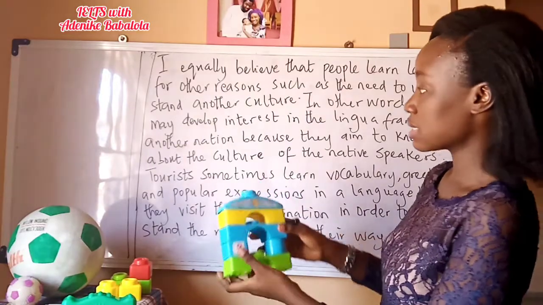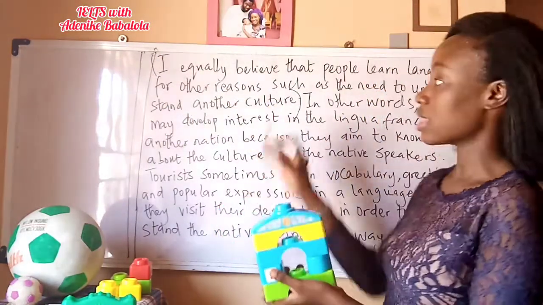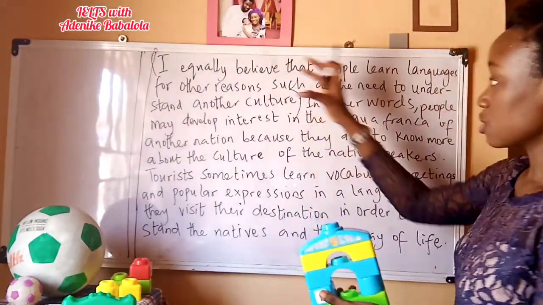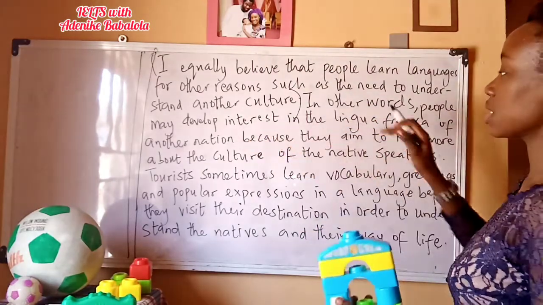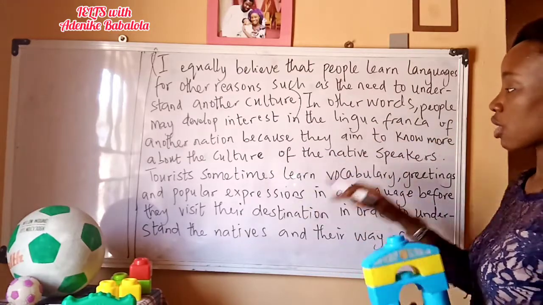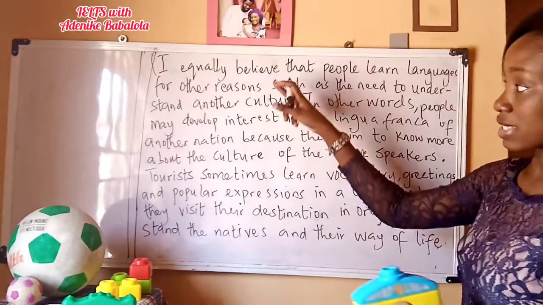So that is the topic sentence for my view, okay? That's the first sentence. Now, the point that is developing that topic sentence is, in other words, people may develop interest in the lingua franca of another nation because they aim to know more about the culture of the native speakers, okay? That is me telling you more about what I said earlier.